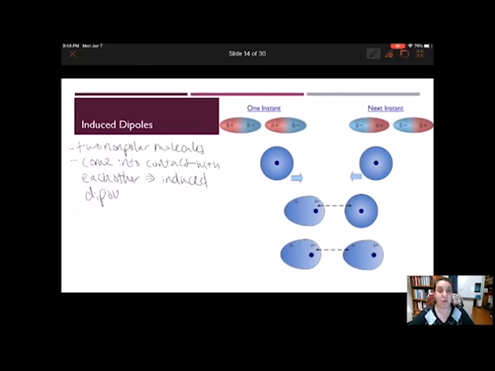This is a very weak interaction, between 1 and 10 kilojoules per mole. But this is one that, unlike the other ones, can kind of ripple out. So as one molecule gets an induced dipole, it can induce another one, which can then induce another one, and it goes on and on. So on a large scale, it becomes a little bit stronger.